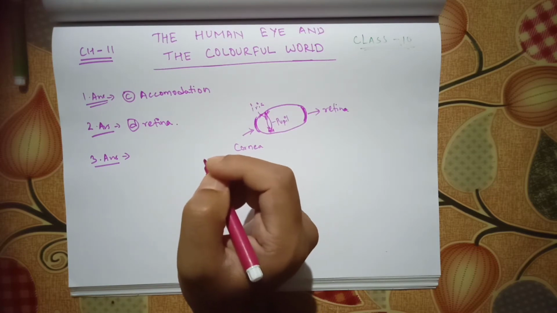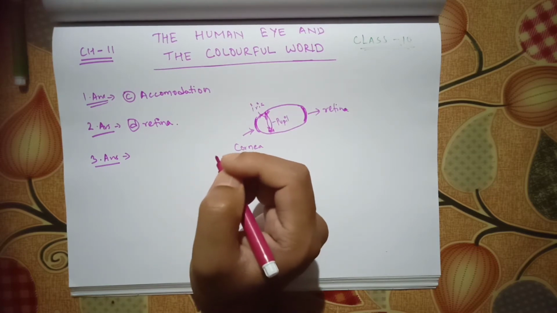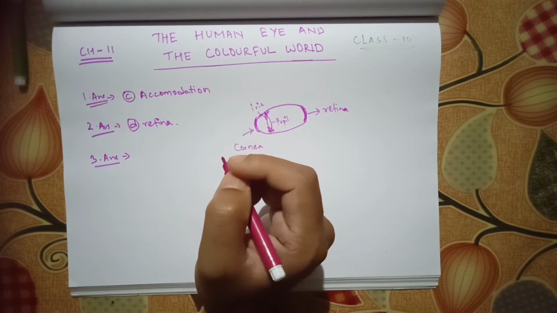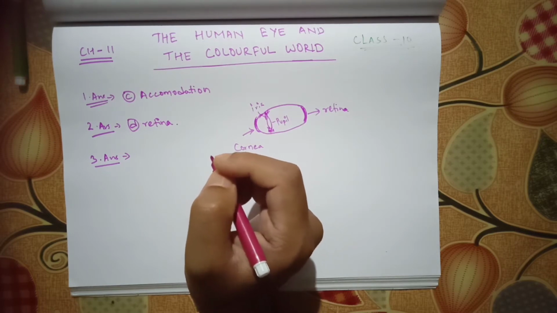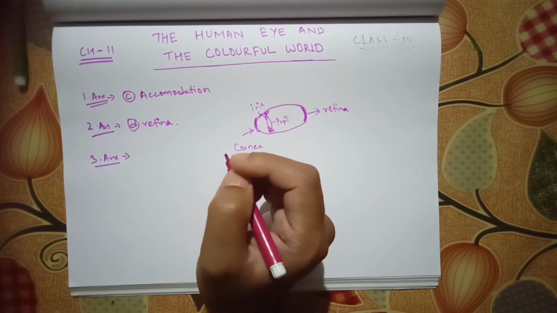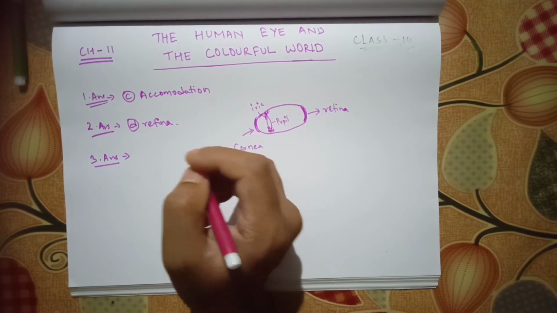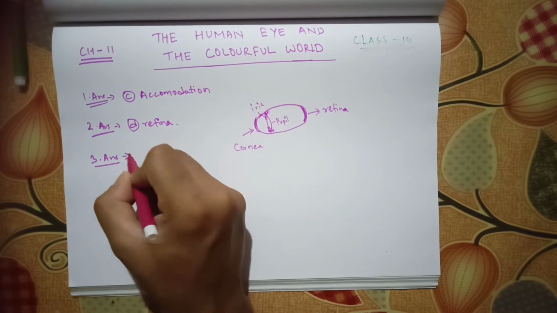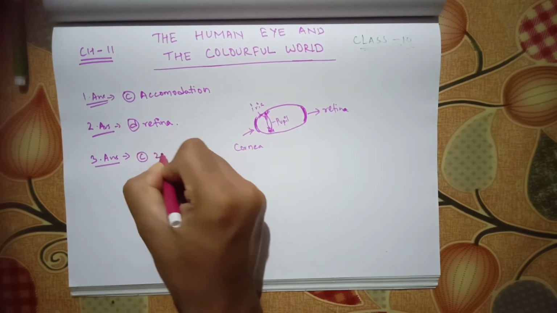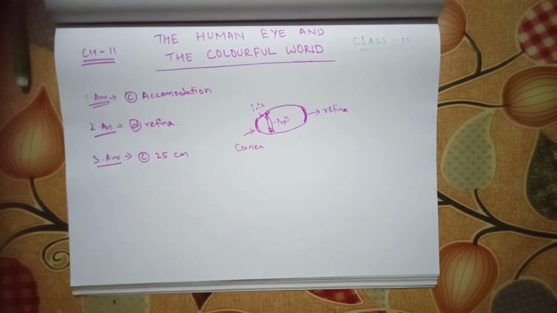We have studied that 25 centimeter is the least distance we can view with a young adult human eye, and the farthest distance is infinity. So the answer will be C, 25 centimeter.